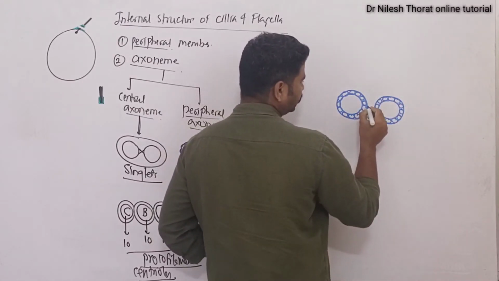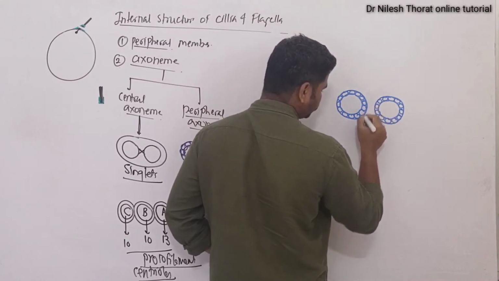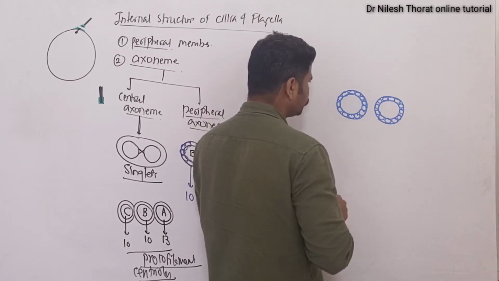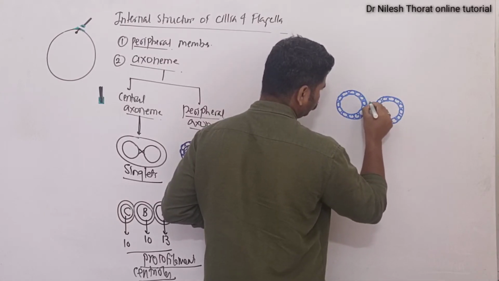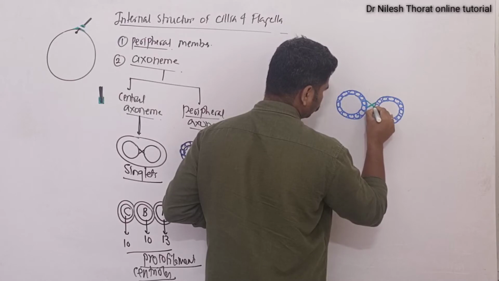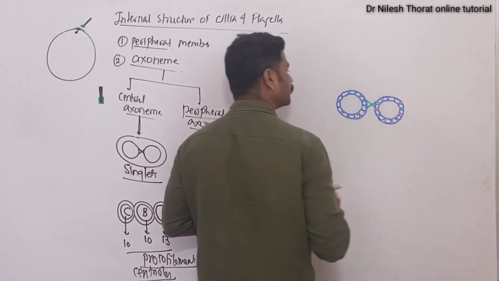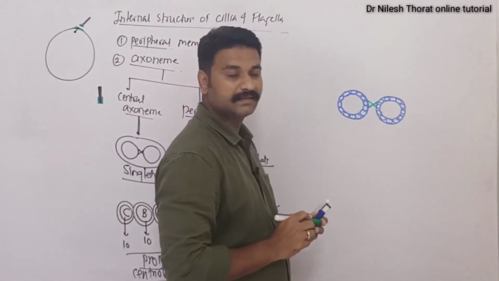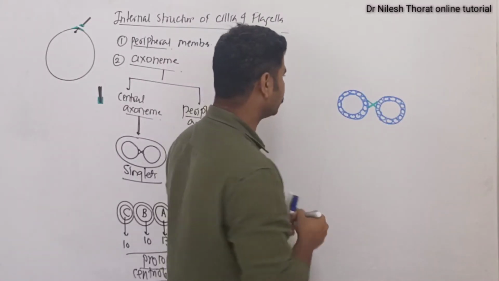Clear? These two singlets are connected with the help of cross bridge. So here we will show the cross bridge. And the central singlets are covered by the central sheath.